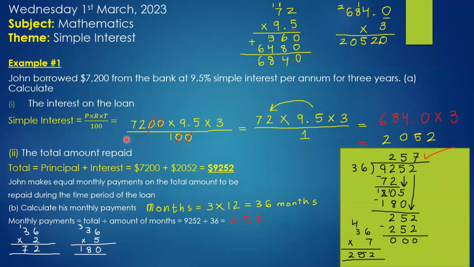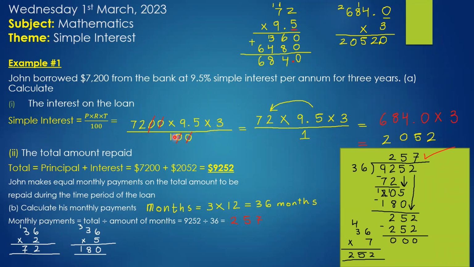First we have to find the simple interest, which is P, principal, times R, rate, times T, time, over 100, which equals 7,200 as the principal, 9.5 as the rate, and 3 as time, as in how many years he has to pay it.